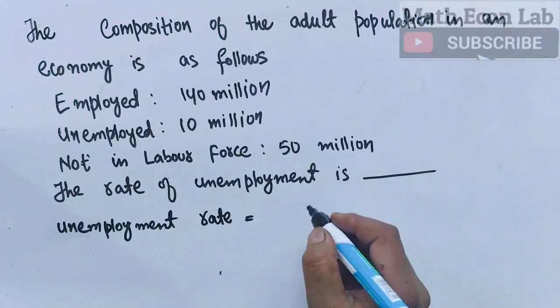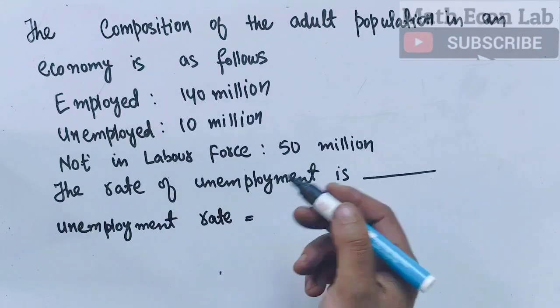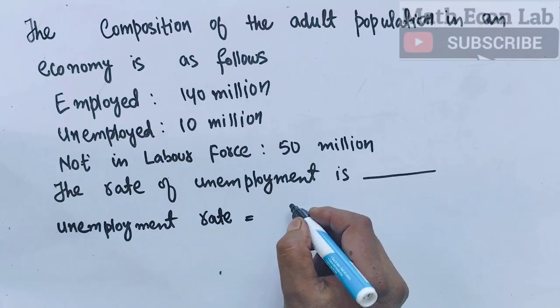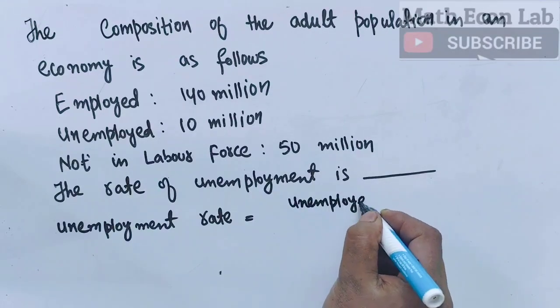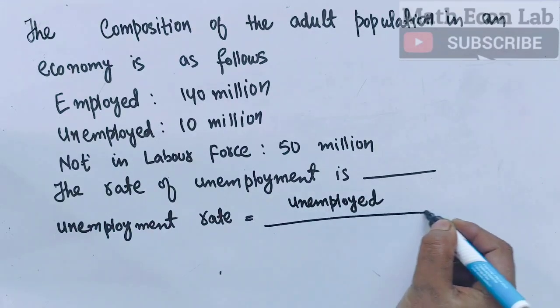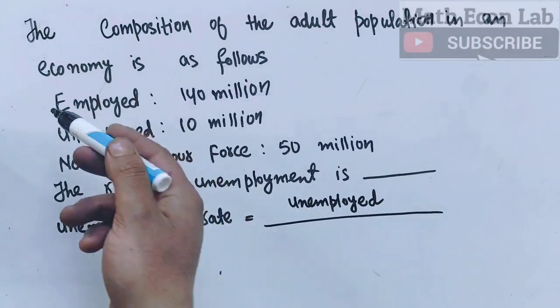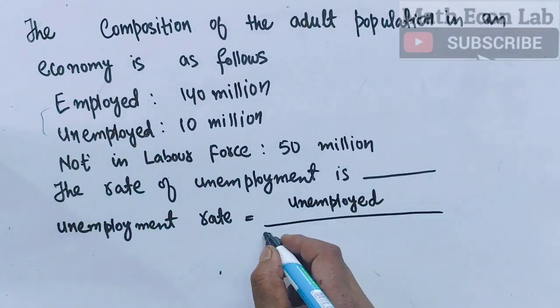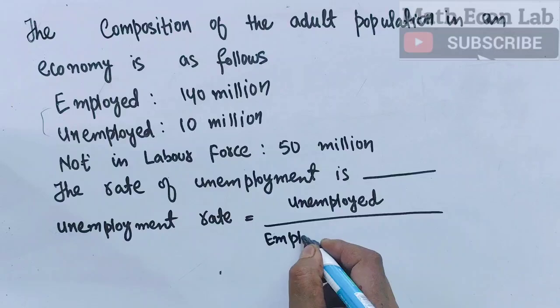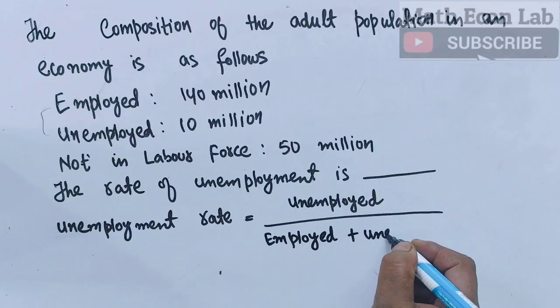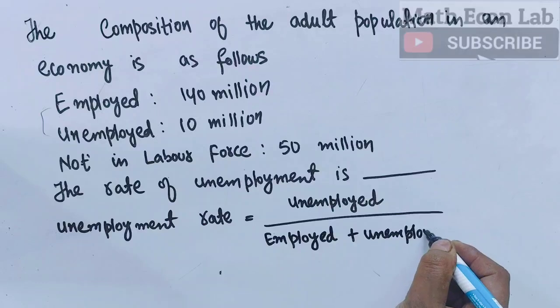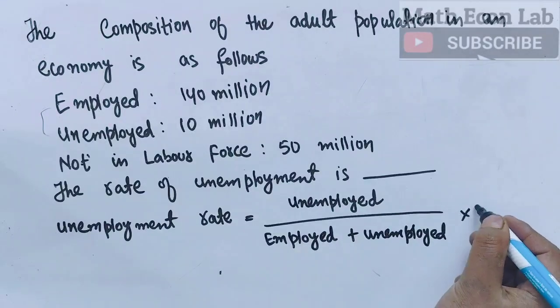unemployment rate is equal to the number of unemployed persons divided by the sum of the employed and unemployed, into 100%.